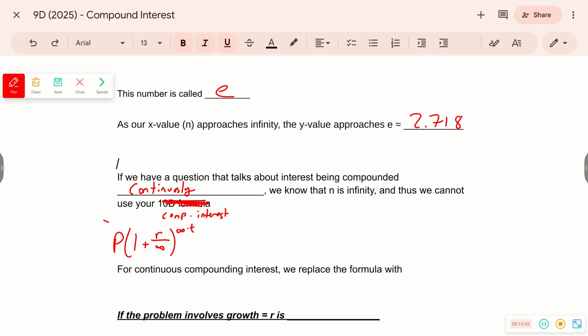You can't plug infinity into the calculator. So we replace the formula with this: only for continuous, we have y equals P e to the r times t power.